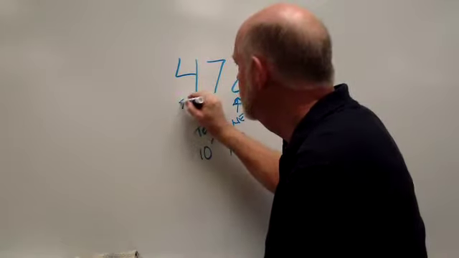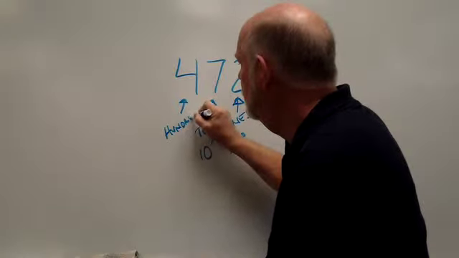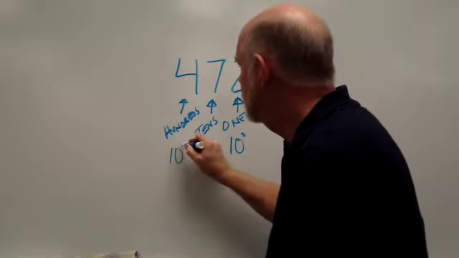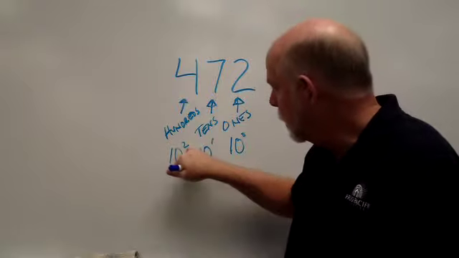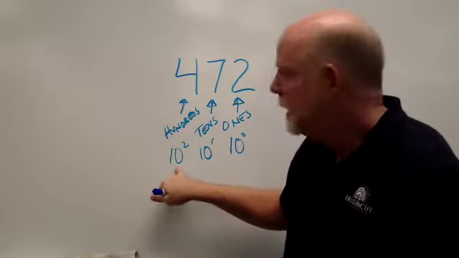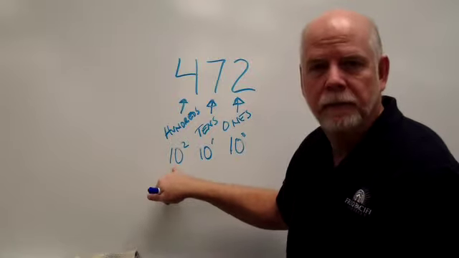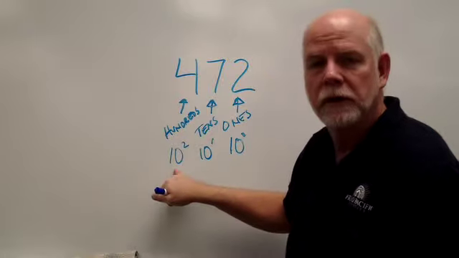The hundreds place here is multiplied by one more 10. Right? And so this is 10 squared. And if you think about 10 squared, again, that power up there means how many times you multiply the base by itself. And so this would be 10 times 10. And so 10 times 10 is 100. And that's this hundreds place here.